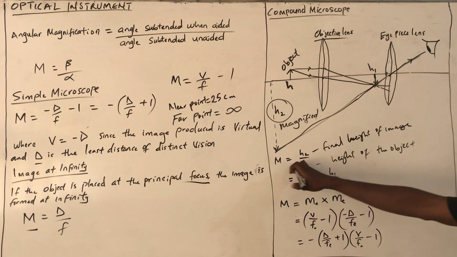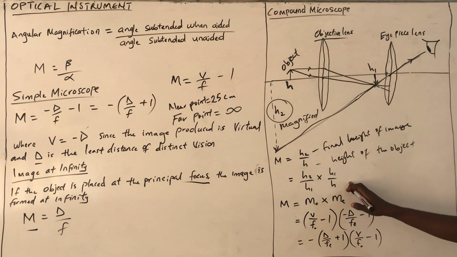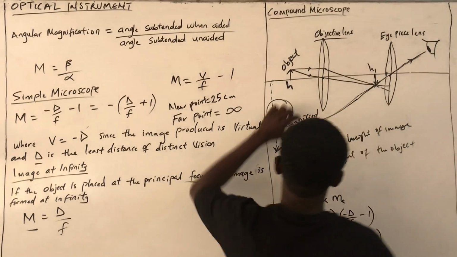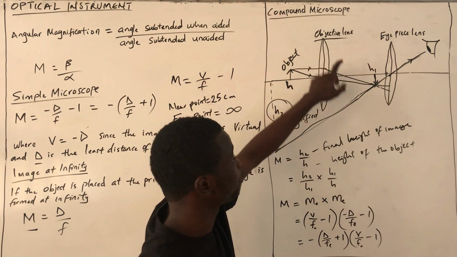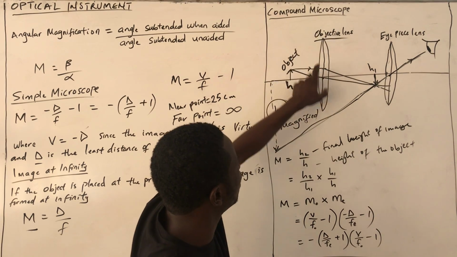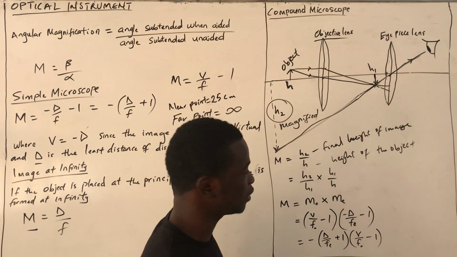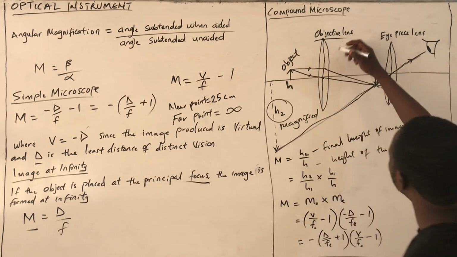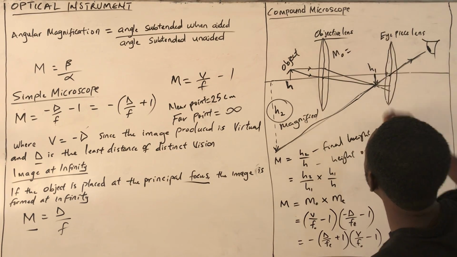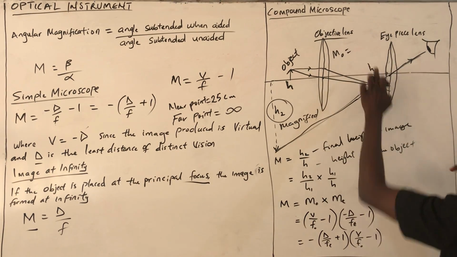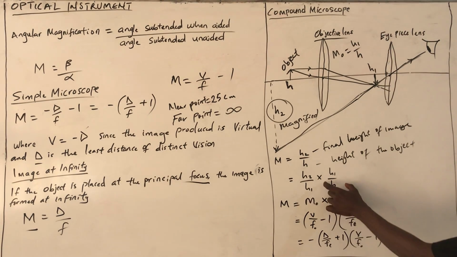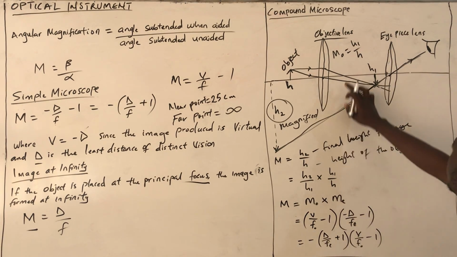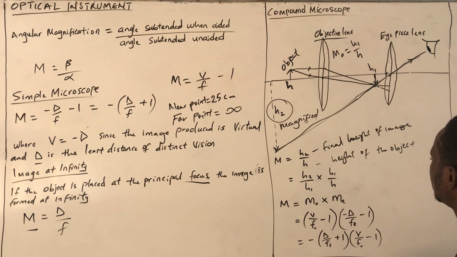Now from here we can see that if I calculate the magnification for the objective lens, it is going to be the image produced by the objective lens, which is H1 over H. Magnification of objective lens is H1 over H.